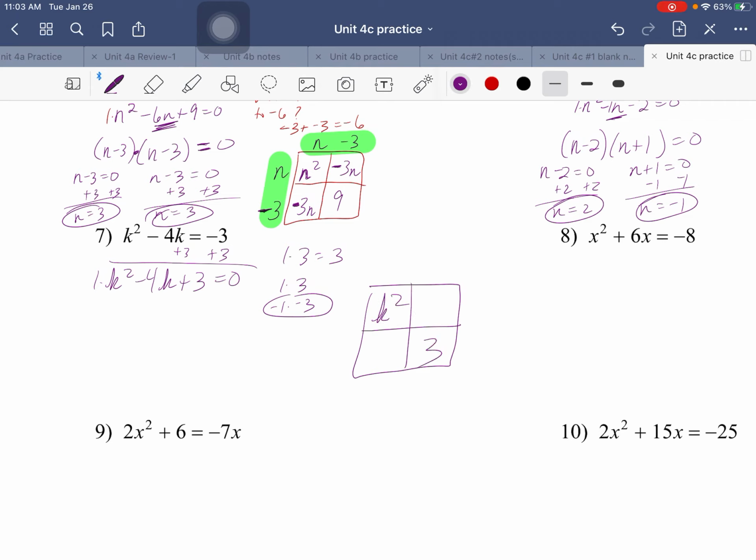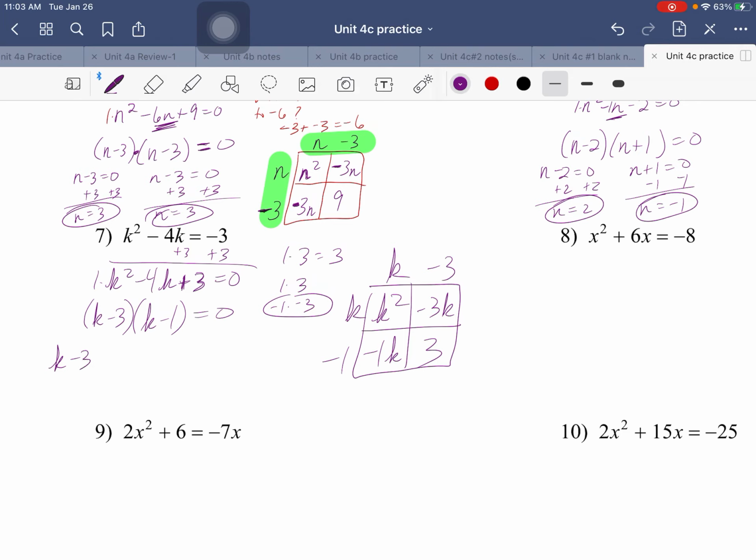C term, bottom right. Make sure you have the positive 3. And -1 and -3. The middle term is k, so we're going to put k's on those. Bottom row is -1. Top row is k. First column is k. Last column is -3. So k minus 3, k minus 1.